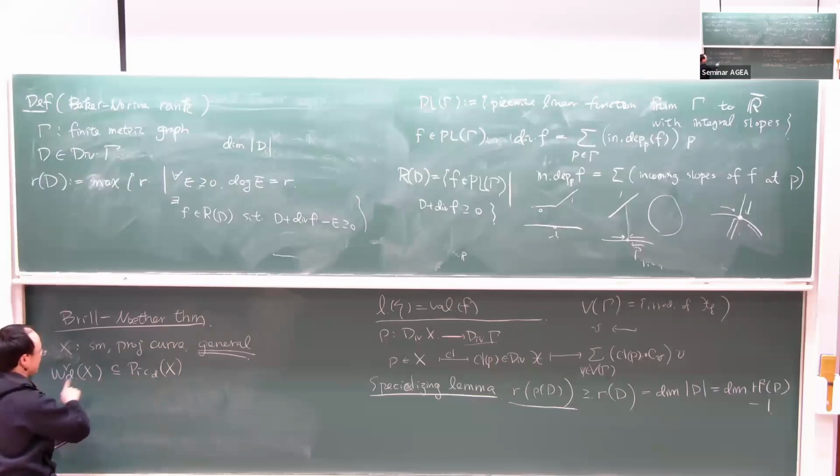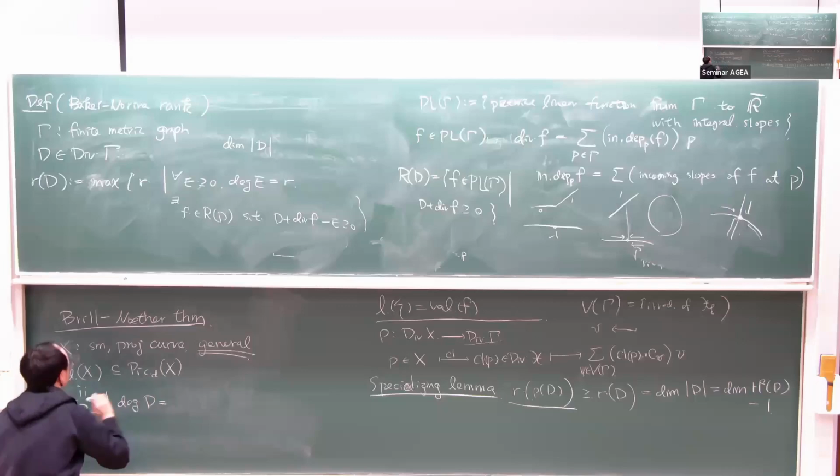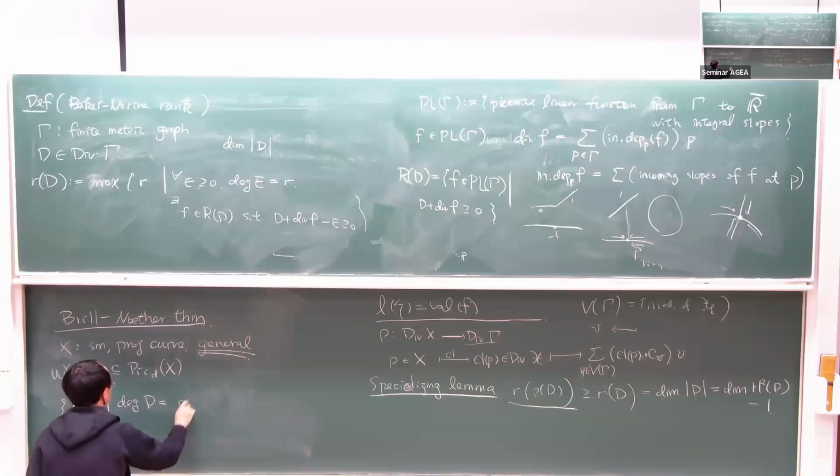So this is a subscheme of this component of the Picard scheme, and Brill-Noether theory is about the dimension of this subscheme, which is defined to be the divisor classes such that the degree is d, and the rank of D is greater or equal to r.